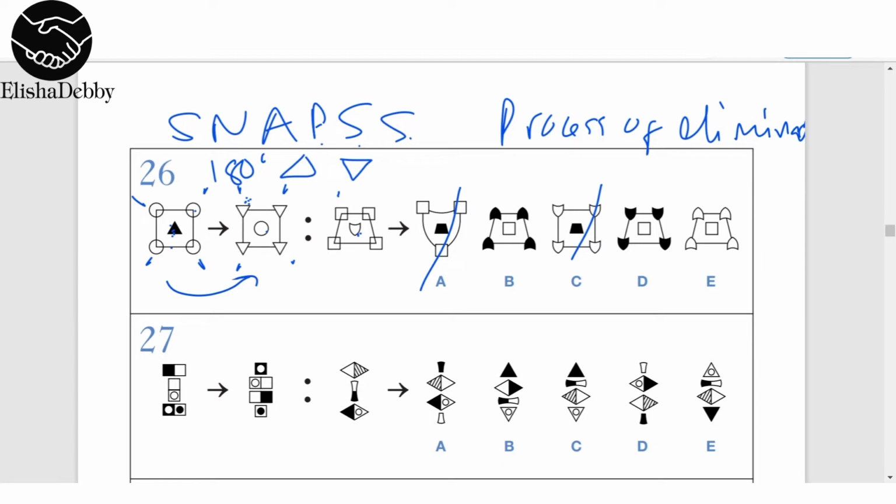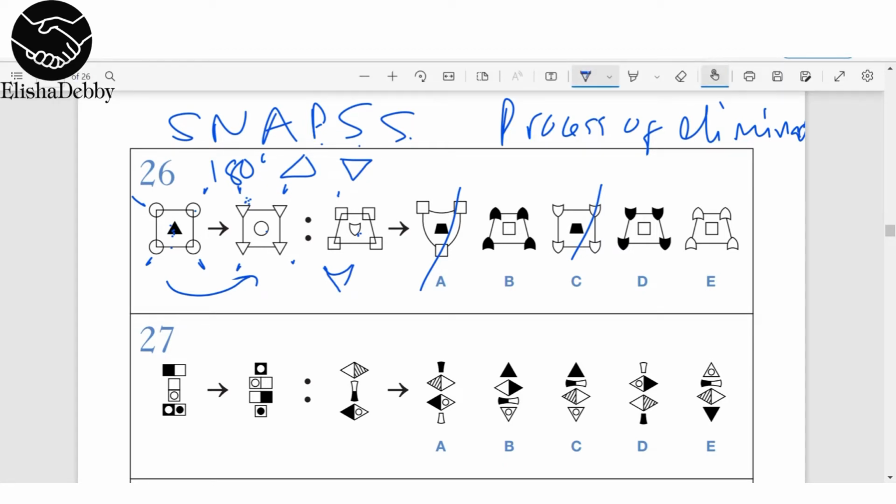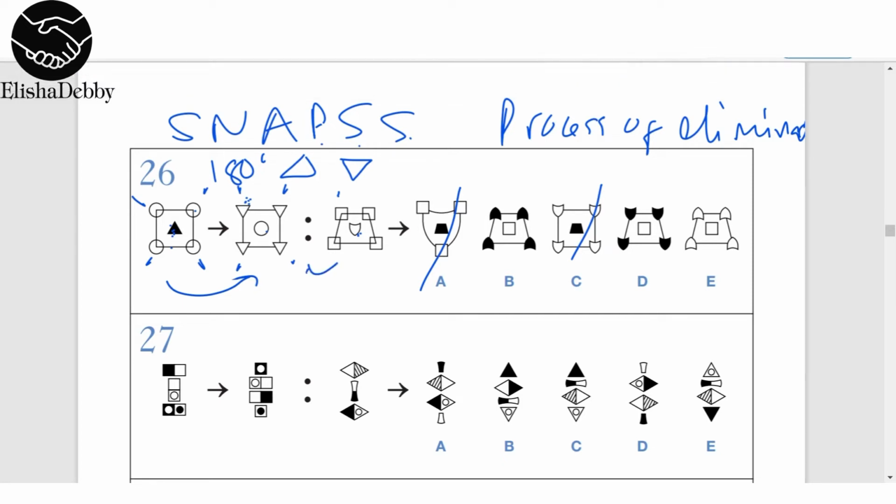This shield that is like this, I'm not good at drawing shields. Okay, let's try that again. Let me clean up that. So that shield that is like that must be turned 180 degrees to be like that.